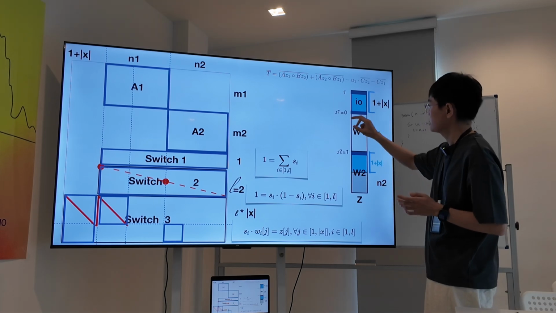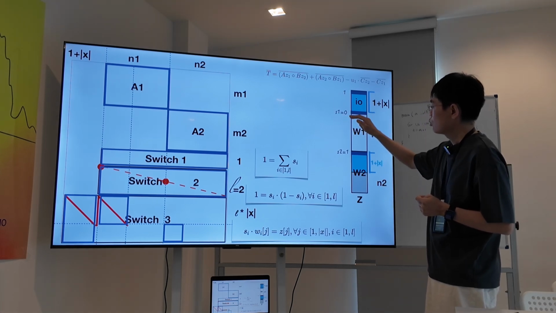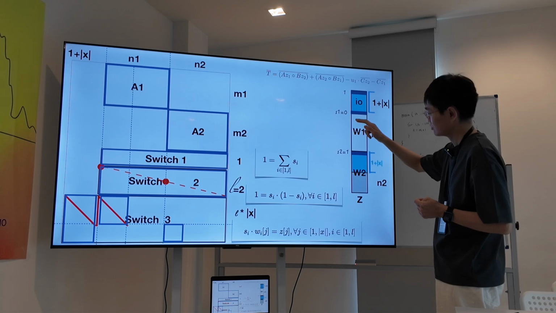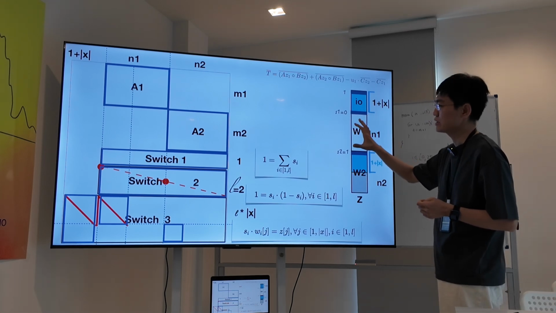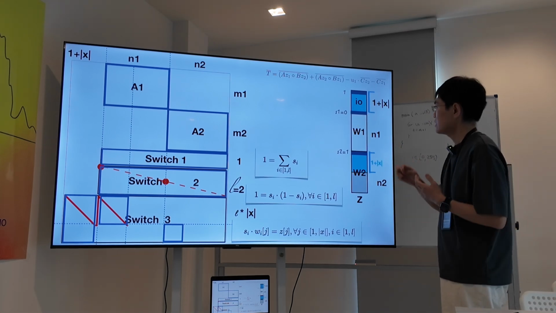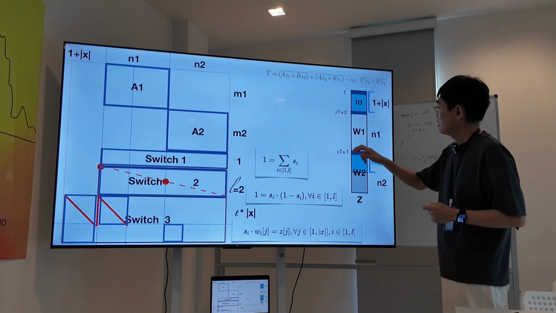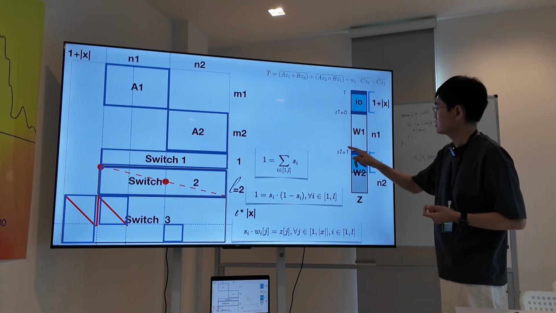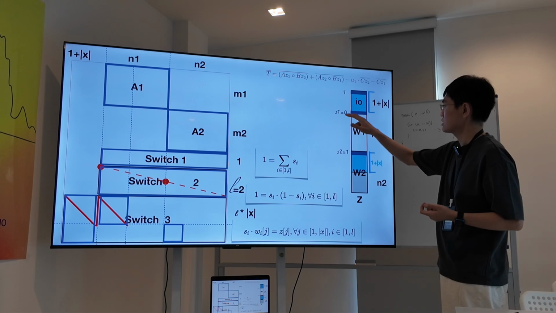For each opcode, it adds one selector, indicating whether this opcode is enabled or not. If it is enabled, it will be set as 1. If not, it will be set as 0.